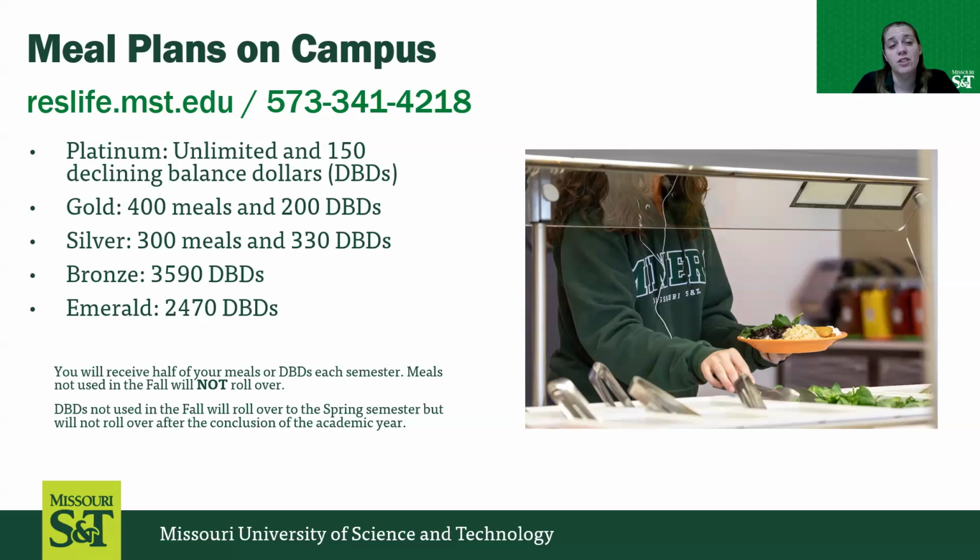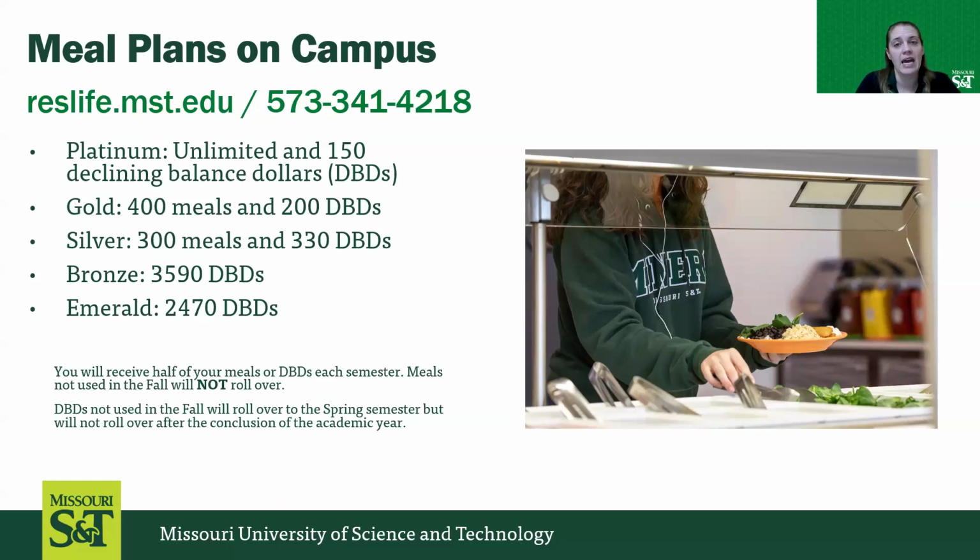Two of the other common meal plans are the Bronze and the Emerald that are basically just DBDs. These are really popular for students that live in residential commons or university commons because they go and eat at Havner a lot, which is basically a food court where they can just pick what they want.